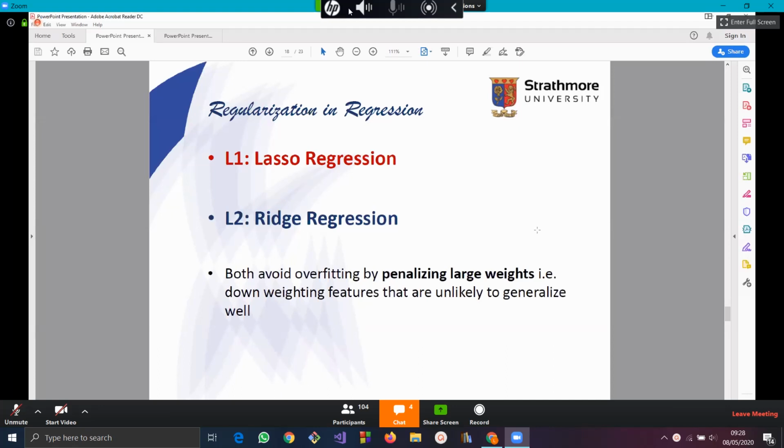Both regularizations in regression, L1 and L2, avoid overfitting by penalizing large weights. They push weights towards zero, which I'm going to expound further on Monday. In other words, they are going to downweight features that are unlikely to generalize well.